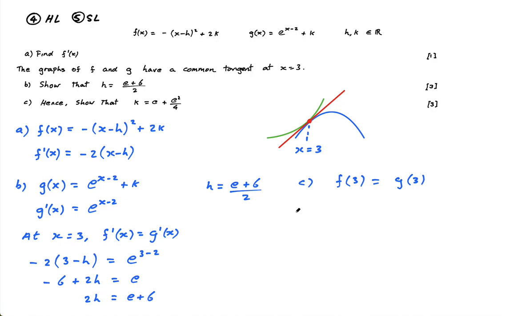So minus (3 minus h) squared plus 2k equals e to the 3 minus 2 plus k. Now remember, we have h, guys. It is (e plus 6) over 2. So let me see how he wants it. He wants it in this form here.